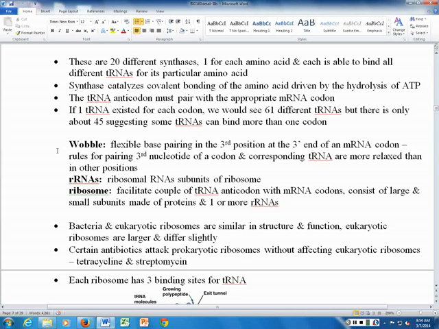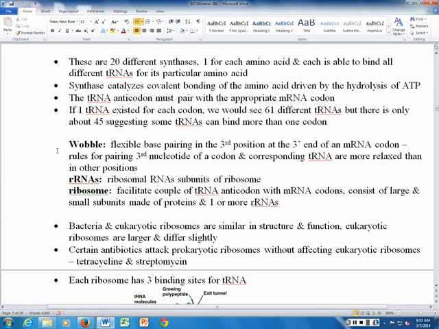So we have the 64 codons. One of the things we know is we only have about 45 different tRNAs. So some of the tRNAs are actually going to be able to bind to more than one codon. If you look at the codon table, a lot of times it's just the 3rd base that is different.